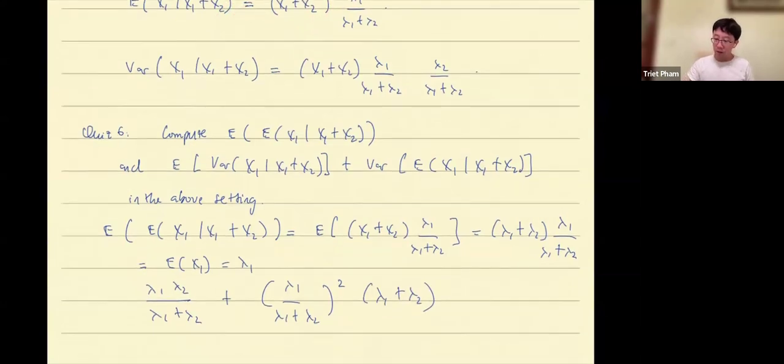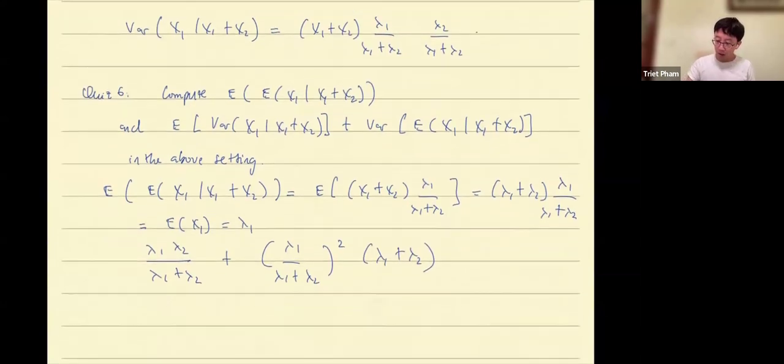Anyway, what is that? That reduces to lambda 1 times lambda 2 plus lambda 1 squared over lambda 1 plus lambda 2. Well, what is it?